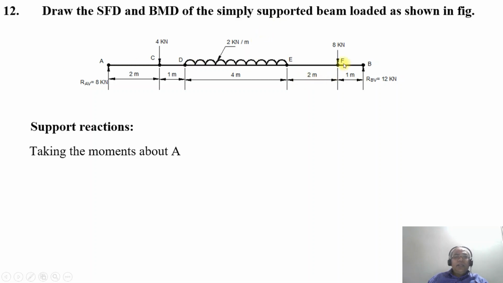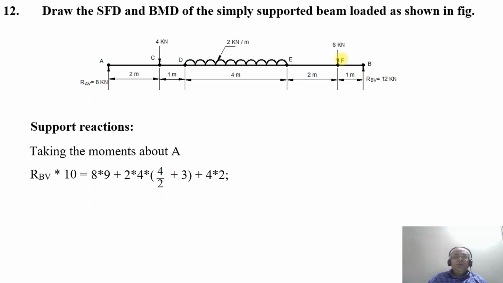Now how to do that? Taking the moments about the point A, the sum of the clockwise moments will be equal to the sum of the anti-clockwise moments. So RBV into 10 equals 8 into 9 plus 2 into 4 by 2 plus 3, plus 4 into 2.